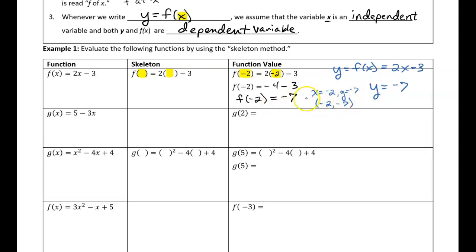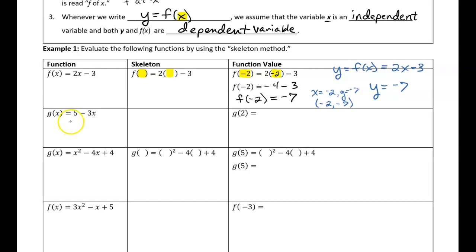In math, there's always a lot of ways to write certain ideas down, and that may be confusing because they all mean the same thing, but every notation has its place. So sometimes function notation is more useful, sometimes an ordered pair is, sometimes even just that y, right? Sometimes we just need the y value. So it's good to know our options and that there are options out there. Let's try the next one.